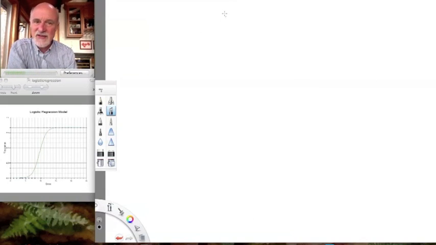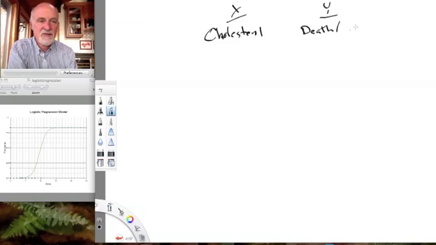I'm just going to mention one more thing. Logistic regression isn't used enough. It's tempting when you have something like, let's say you're looking at cholesterol level and you want to know, does that influence death, or whether individuals die or live during some period after you've measured that.